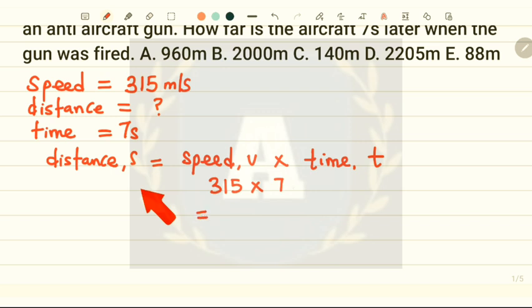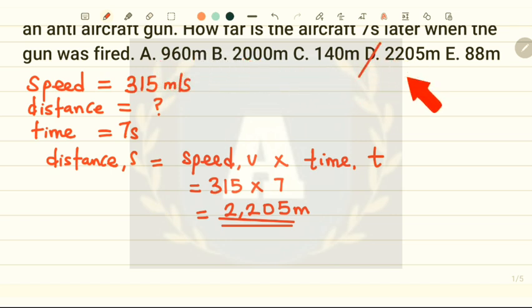When you multiply 315 by 7, you get 2,205 meters. It's a multiple choice question with different options, and the correct answer is option D.